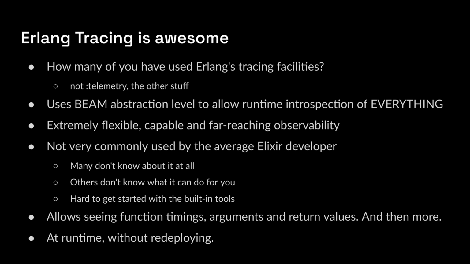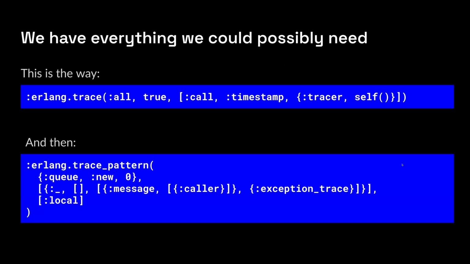But it will let you look into which functions are slow, why are they slow, what a function is being called with, what arguments it is being called with, what are the return values, and much, much more. So the Erlang standard library gives us everything we need in this obvious and simple API.